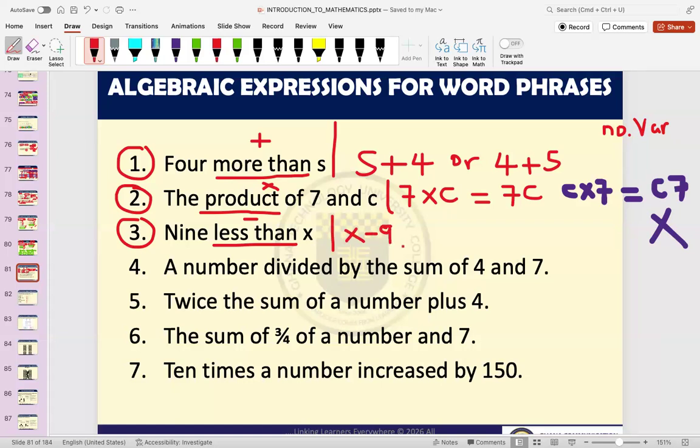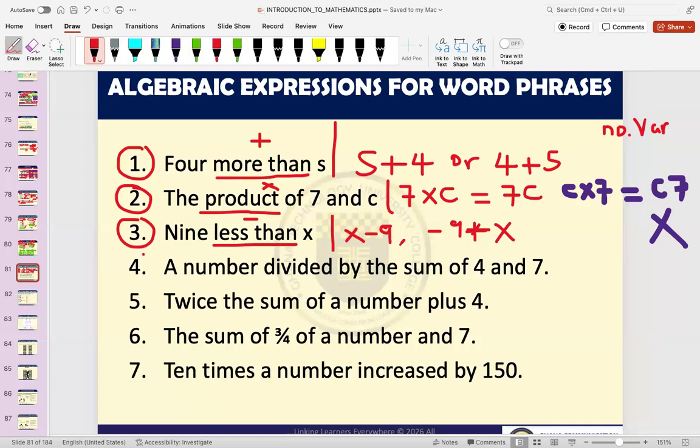When you write it as minus 9 plus x, you have introduced two operations. Meanwhile, the question is only one operation, less than. So you shouldn't write it this way. It should rather be the first way. 9 less than x means subtract 9 from x. So that is the third one.